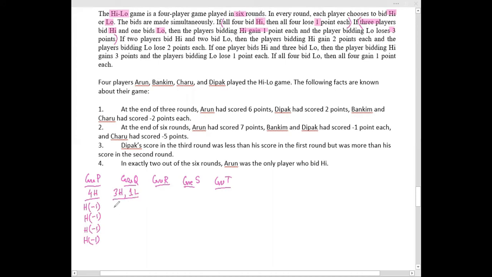In this case, the highs receive +1 point, so high +1, +1, and low is -3.